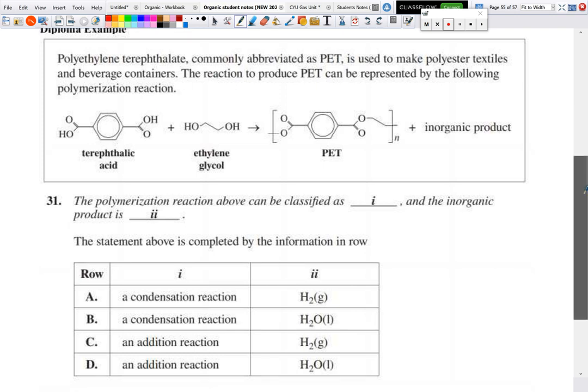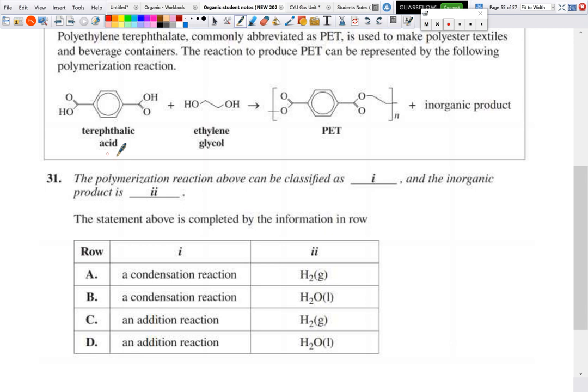Anyway, so basically we have our monomer right here, actually two monomers. We have our polymer right here, and this question is asking, the polymerization reaction above can be classified as blank, and the inorganic product is blank.